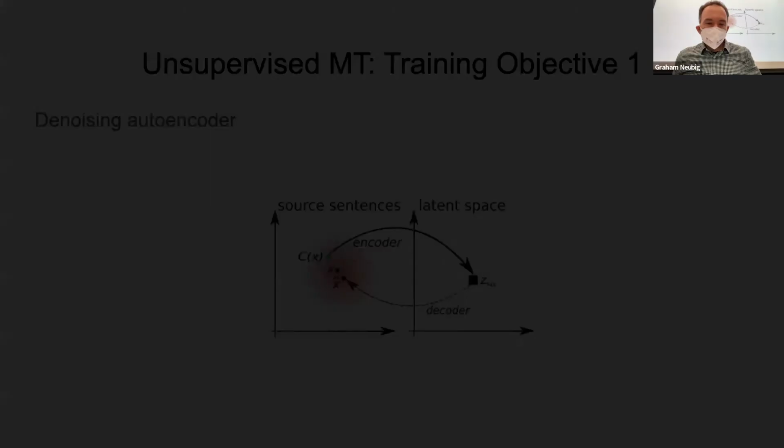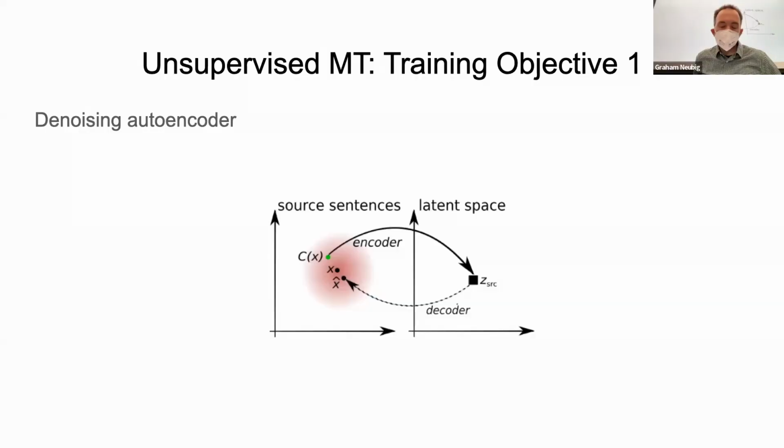So we have a couple objectives. One objective is the denoising autoencoder objective. What a denoising autoencoder does is basically we have a sentence on the source side.